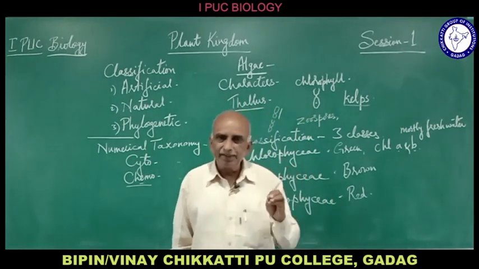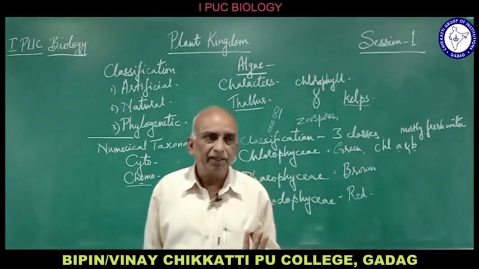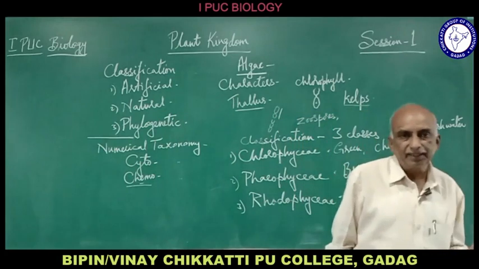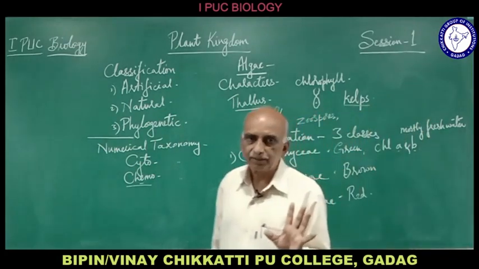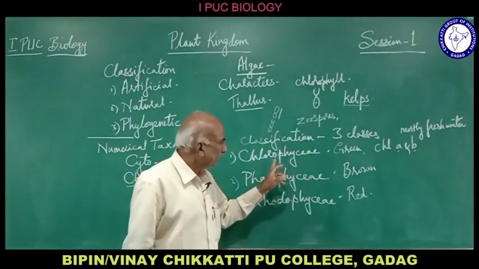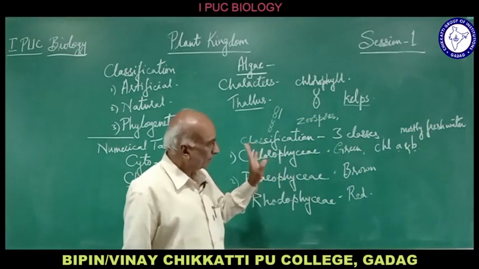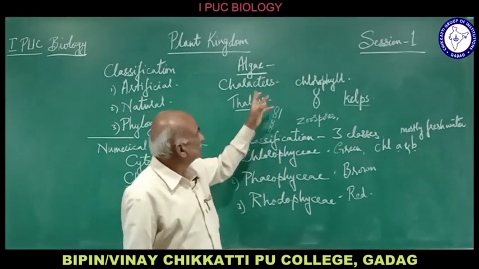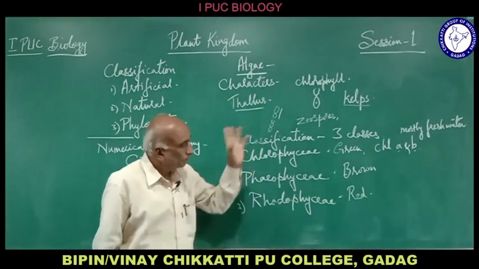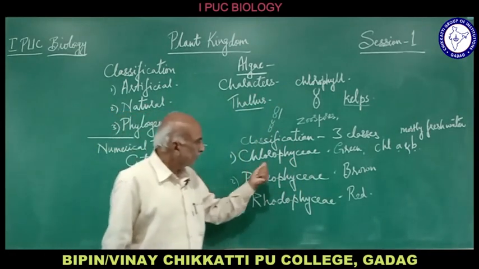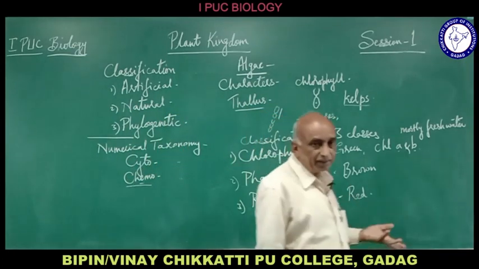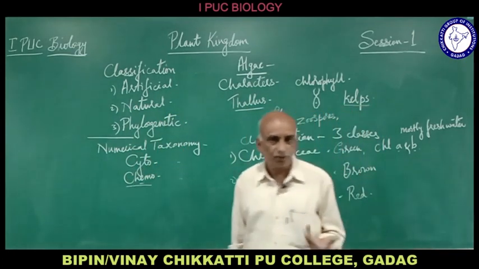But very few examples are seen in marine, in sea water. Then the storage product in Chlorophyceae is starch. In this we come across Chlamydomonas, which we studied during the characters, and Spirogyra, then Zygnema. All these are examples of Chlorophyceae.